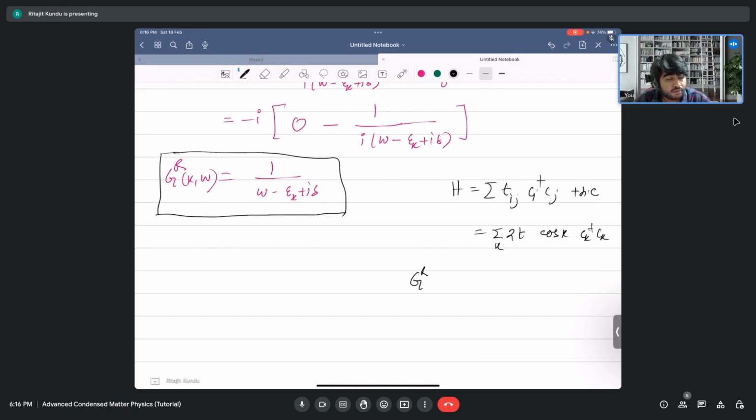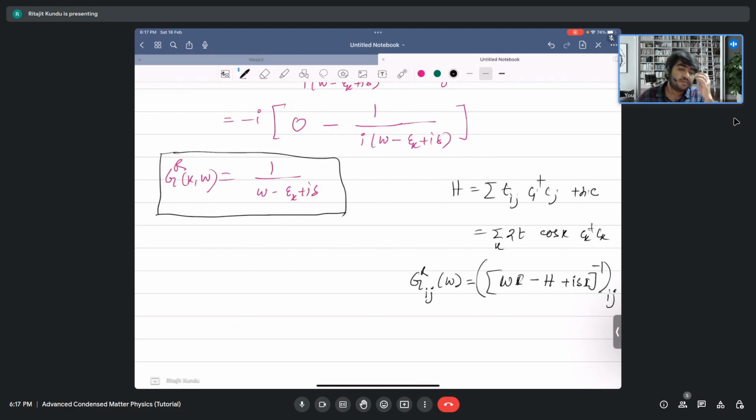Momentum is not a good quantum number, but your Green's function will have matrix elements, say G_ij, a function of omega, because there is no explicit time in this Hamiltonian. This becomes omega times identity minus H plus i delta times identity, its inverse, and then the ij-th element.